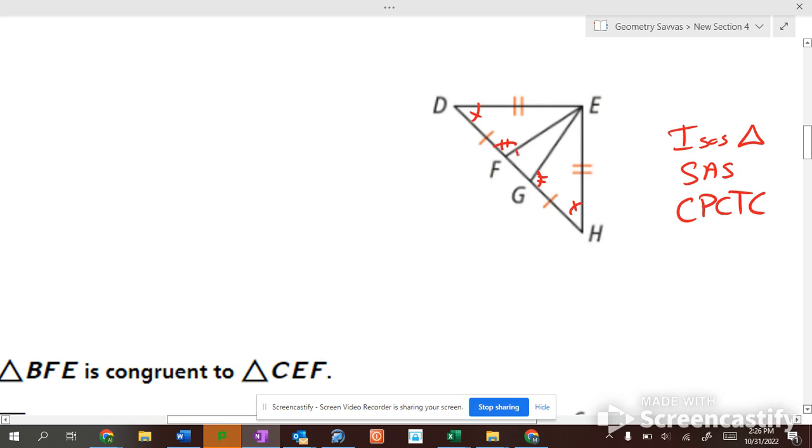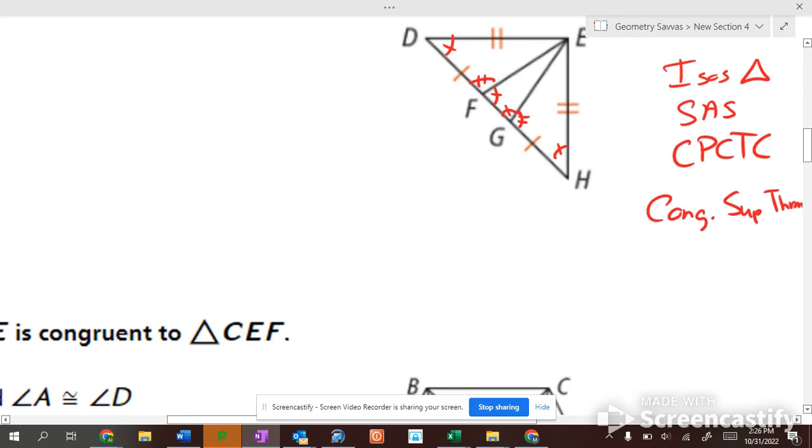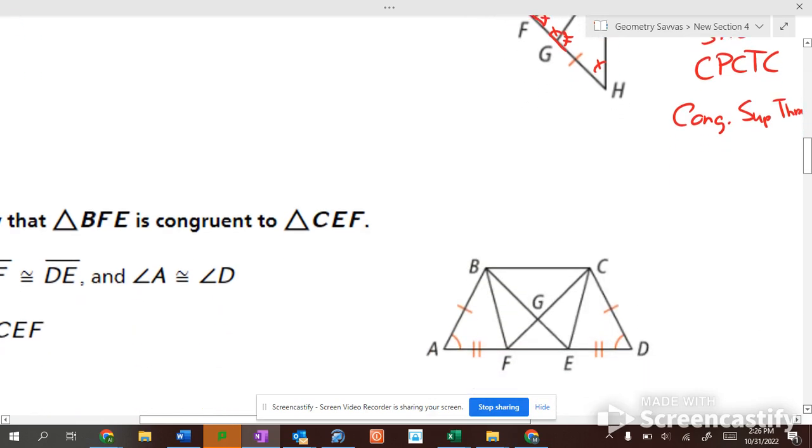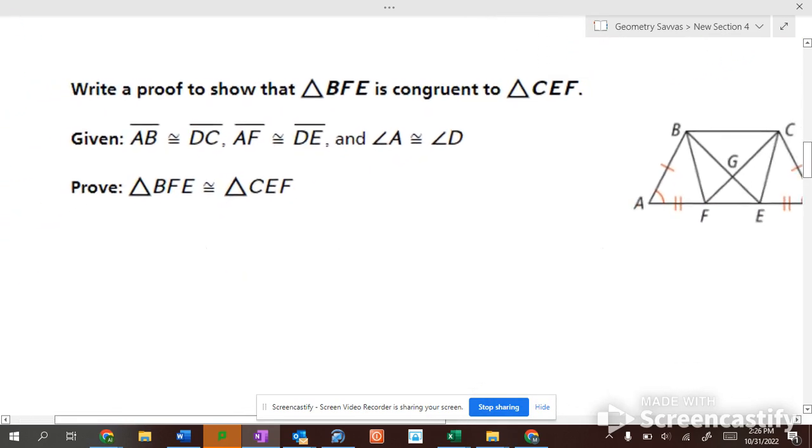And so then these have to be congruent because of the congruent supplements theorem, which we had in the first chapter, which says if you have two supplementary angles that are congruent to two congruent angles, then those supplements have to be congruent to each other. So, yes, we can prove that those are congruent to each other.